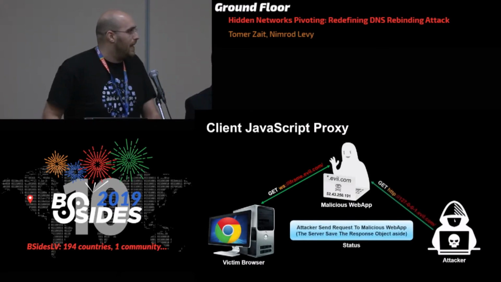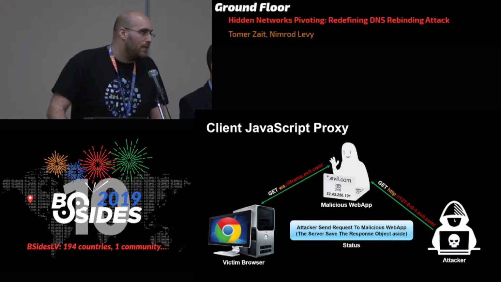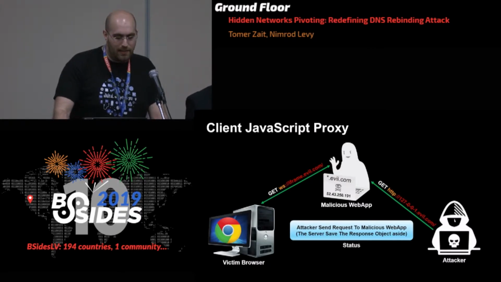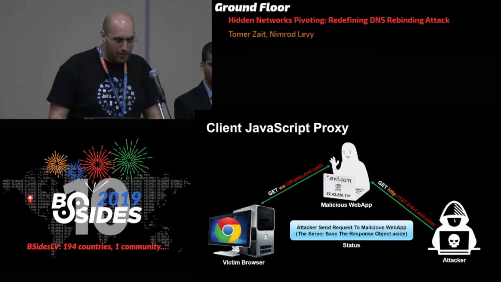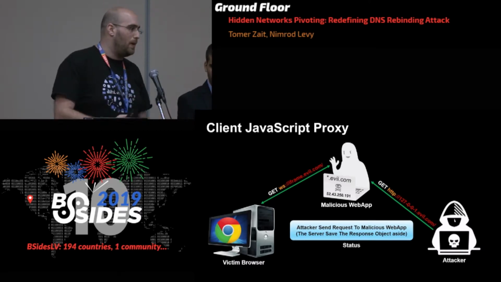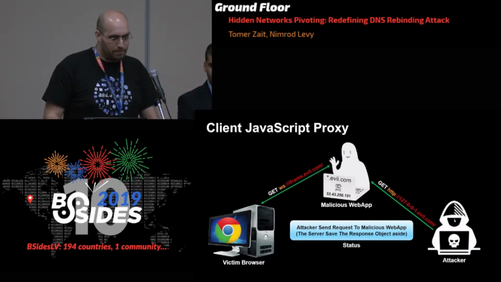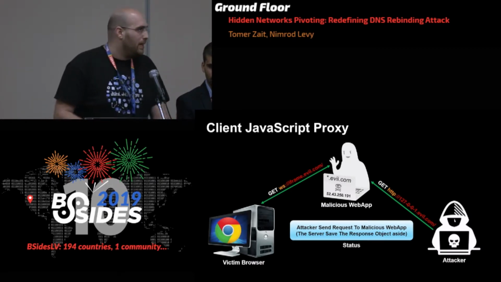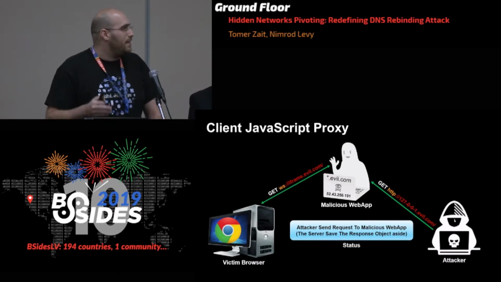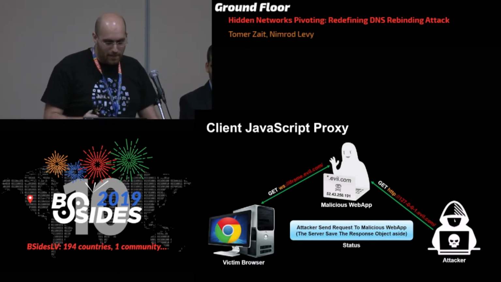Now, the attacker sends requests from the malicious web application to the internal web application. Like here you can see the IP address, but you can still see it's the same domain.